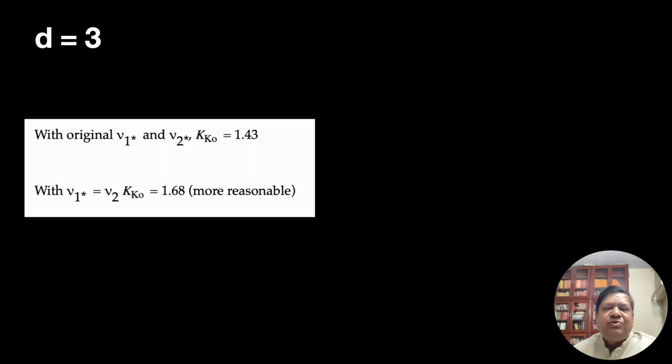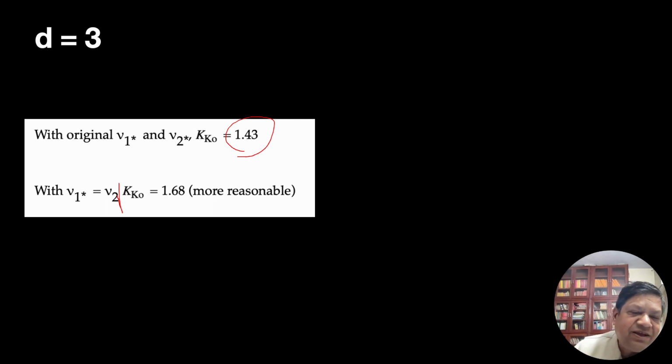In d equal to 3, we need to compute both fluxes, u1 and u2. Using the original nu1 star and nu2 star, the Kolmogorov constant is 1.43, which means nu1 is 0.1 and nu2 is 0.6. But if I use another approximation, since in simulations we typically take both viscosities to be equal, nu1 and nu2 should be the same, so I impose it.